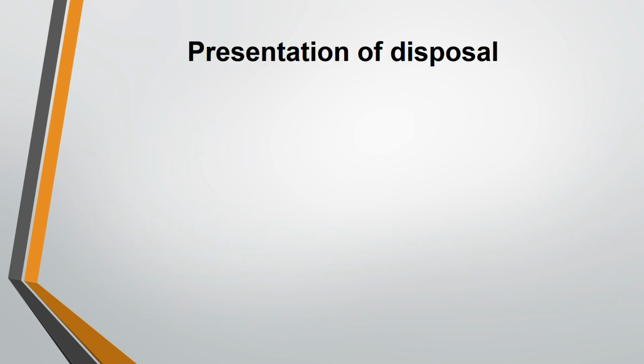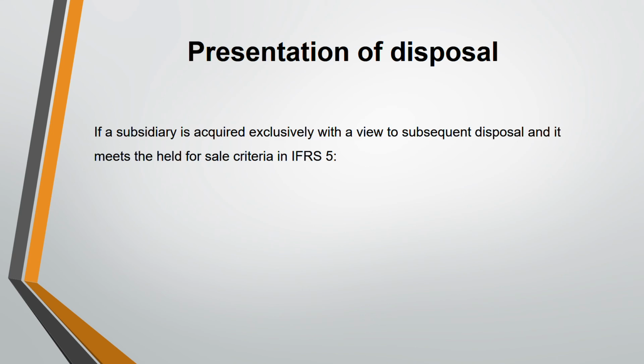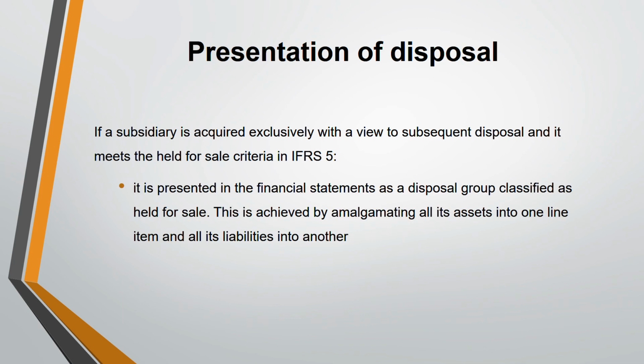Presentation of disposal. How do you present a disposal? If you have acquired a subsidiary to resell it, and it is classified as held for sale, then the IFRS 5 rule you have to apply. You first acquired it to sell it, and it also meets the held for sale criteria under IFRS 5. Then how are you going to present that subsidiary?